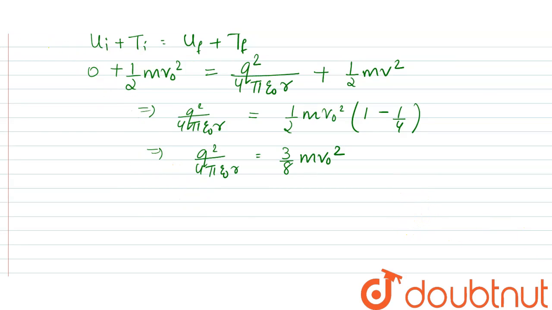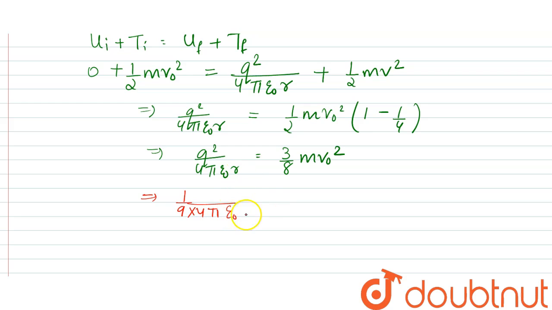Now since the charge is given as 1/3 microcoulomb, q square is 1 by 9, into 4 pi epsilon, and we substitute epsilon as 8.85 into 10 to the power minus 12.